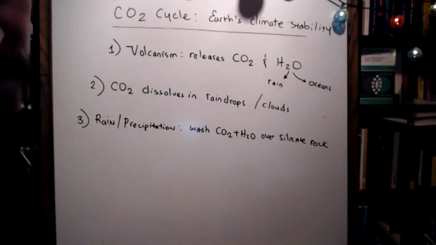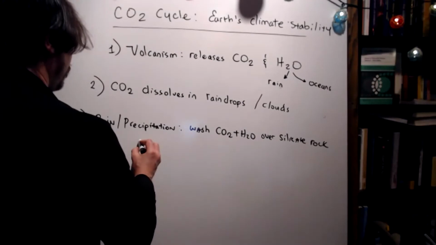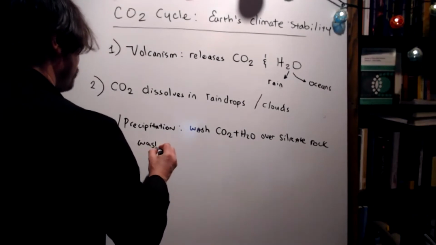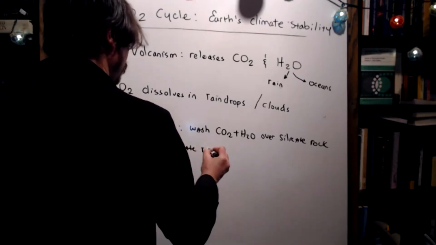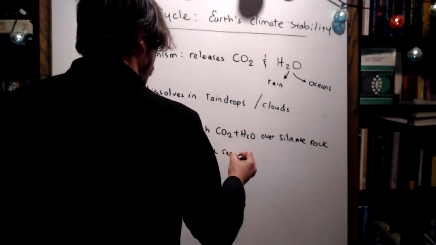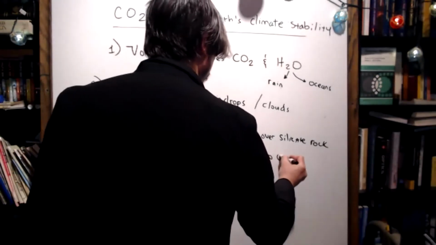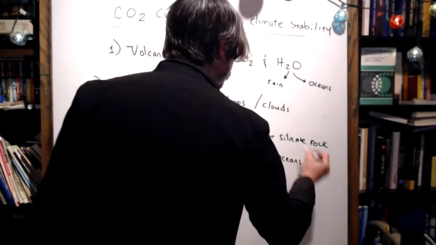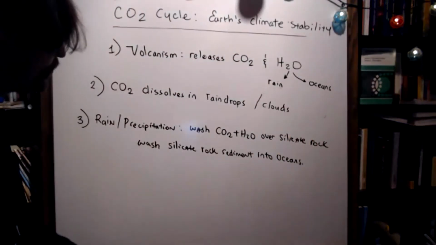That's how the Grand Canyon was formed. And it will wash silicate rock sediment eventually into the ocean as it flows through rivers and tributaries that eventually fan out into an ocean.